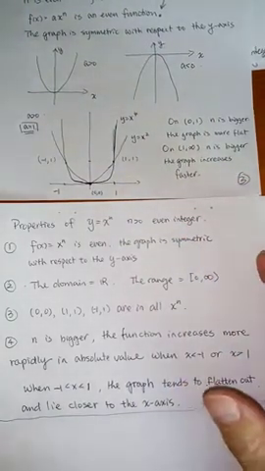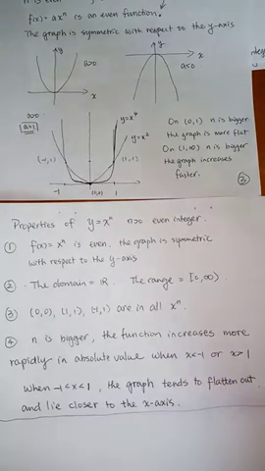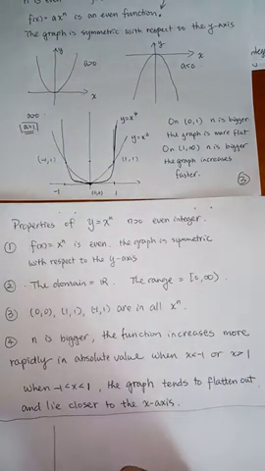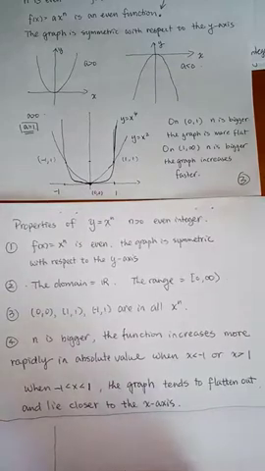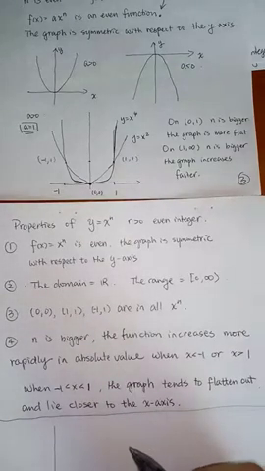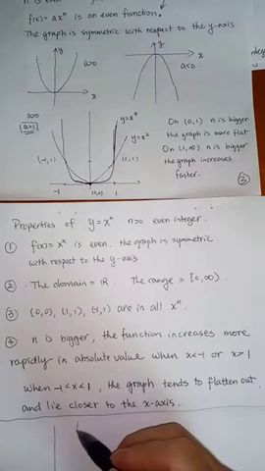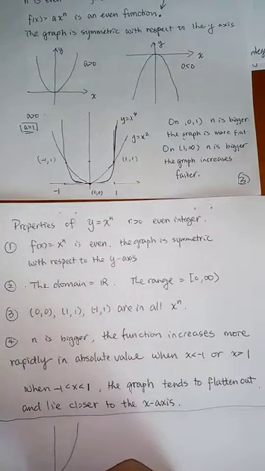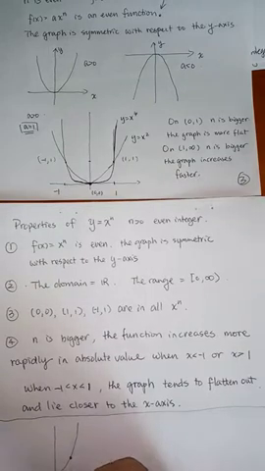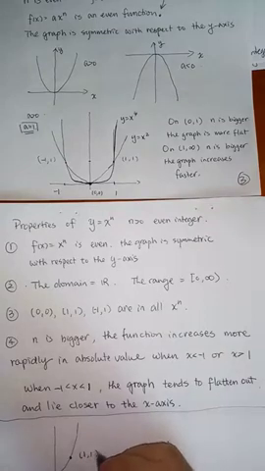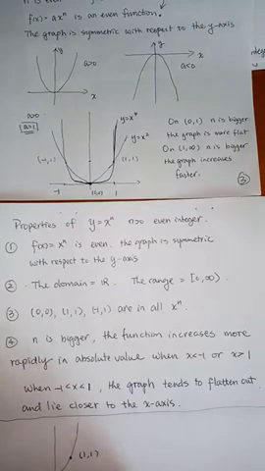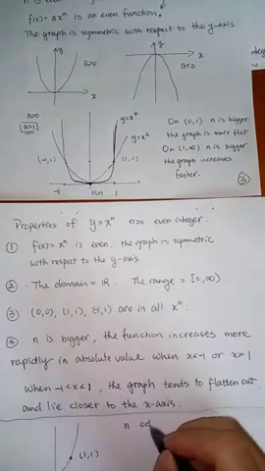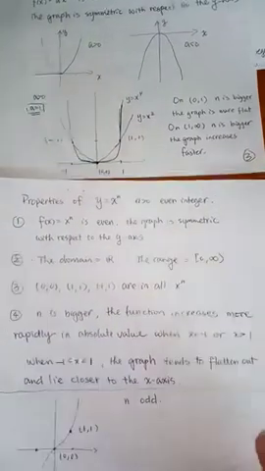After we studied the properties of the even power function, we will study the properties of the odd power function. You use a calculator to sketch it. It will be like this. Remember here we assume n is odd.